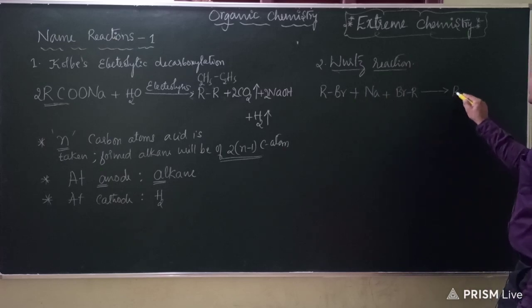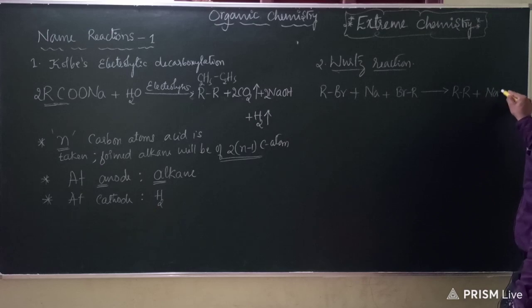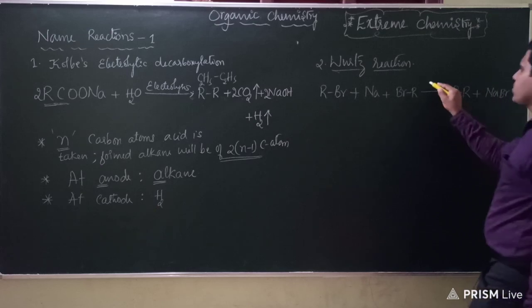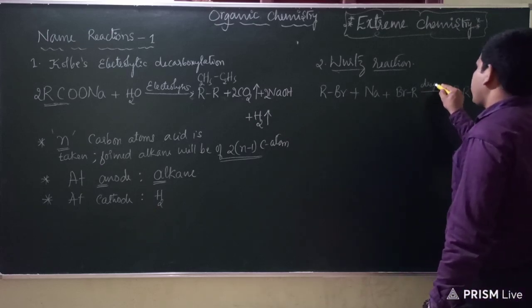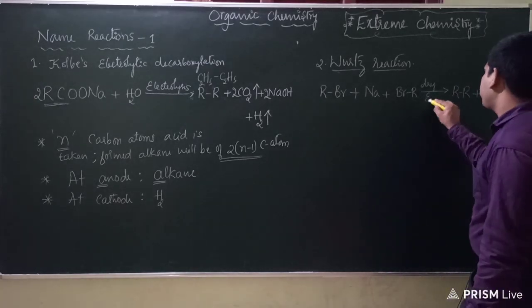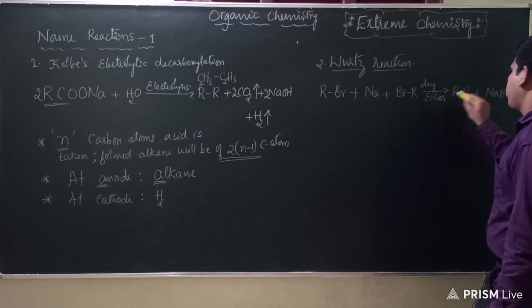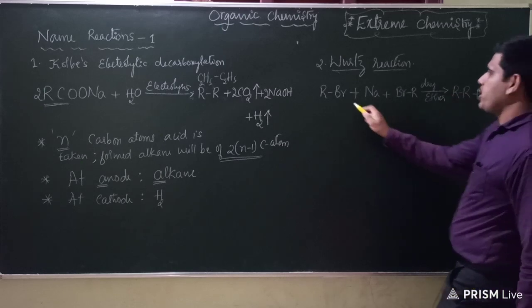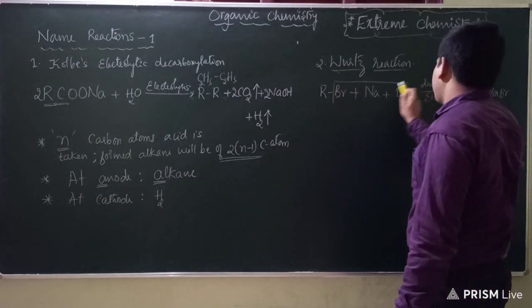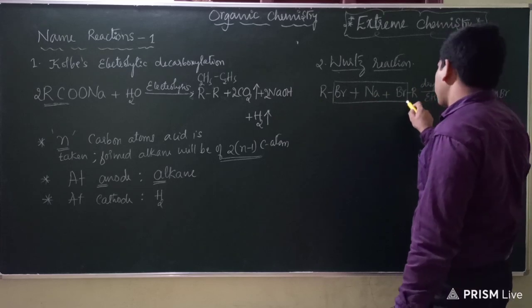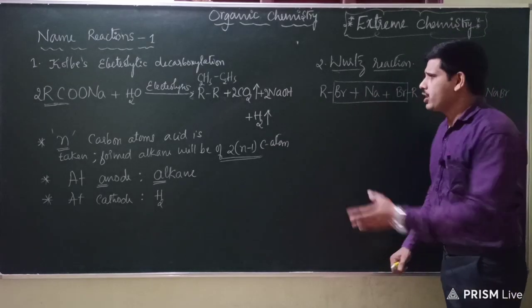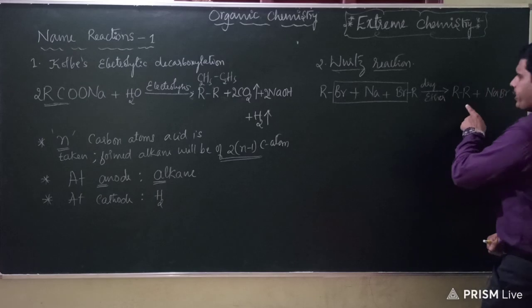So you'll get R-R over here, along with NaBr. The reaction should be carried out in dry ether medium. Hope you can see this. Now the path of the reaction goes like this. If you remember this pattern, immediately the product, irrespective of the R group, you can write.